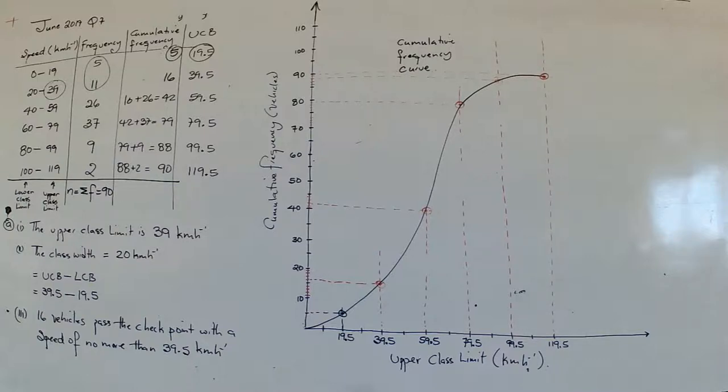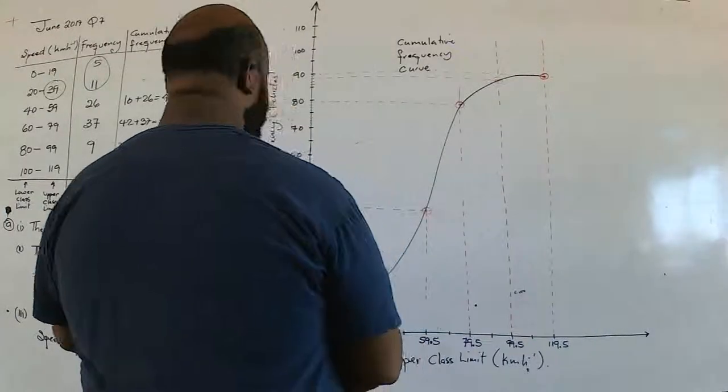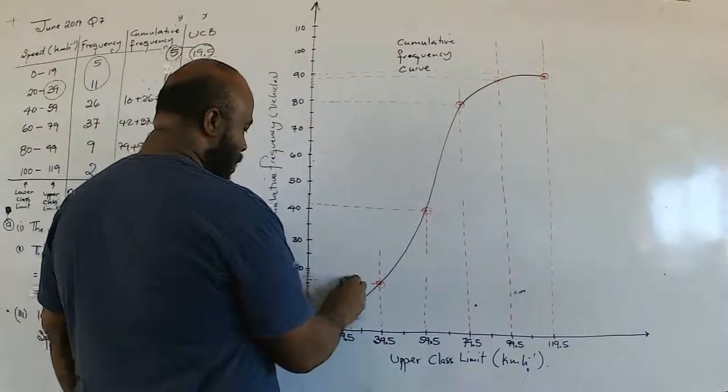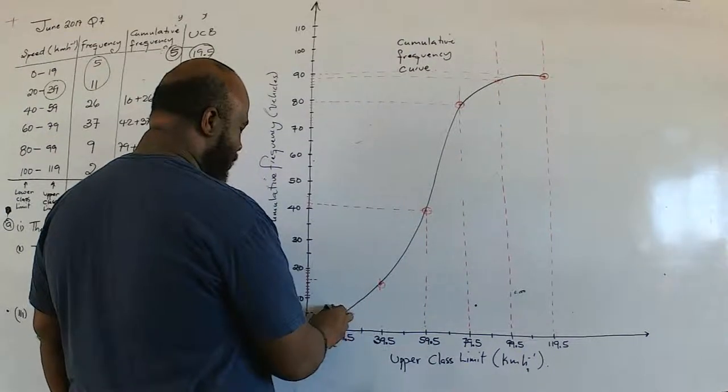Next it says, on your graph, draw reference lines to estimate the speed at which no more than 50% of the vehicles pass. I'm erasing some of these lines because I don't want them to confuse answering the question.